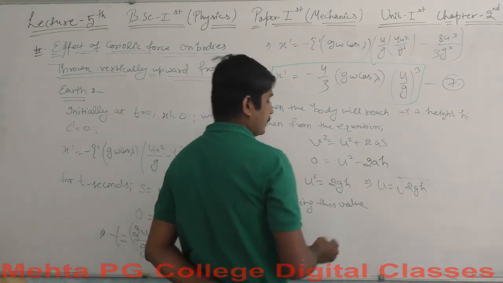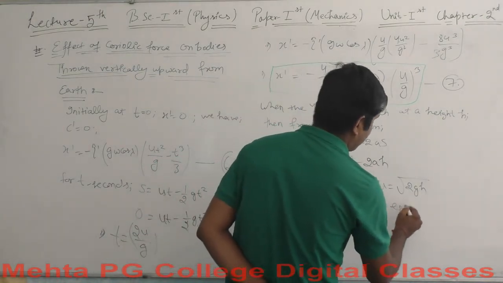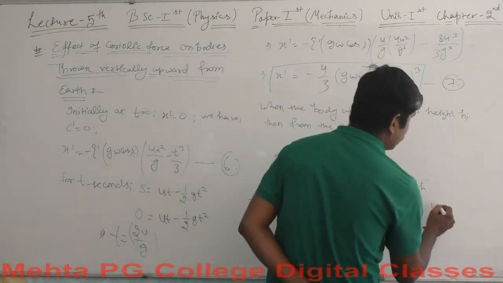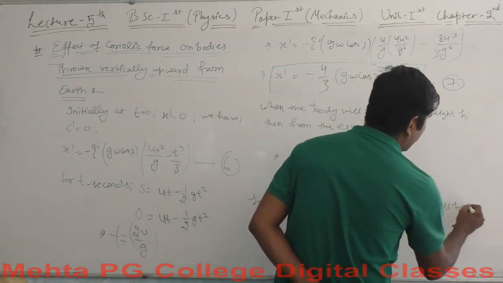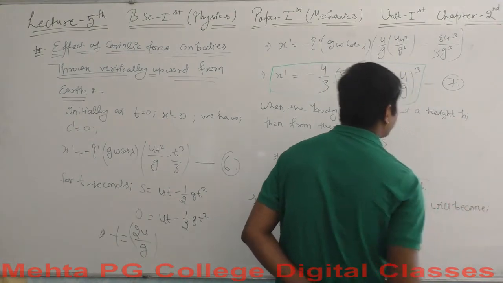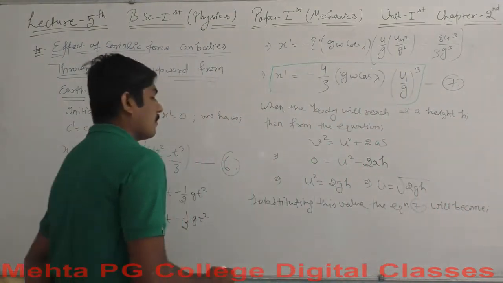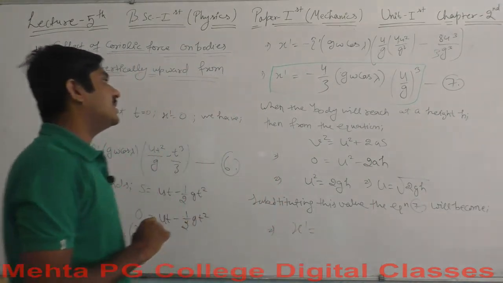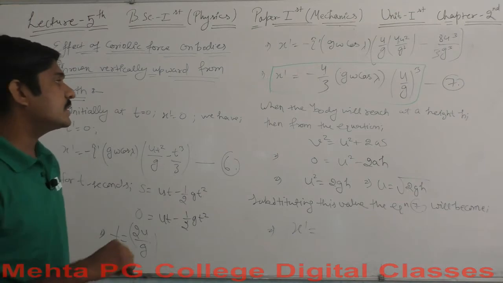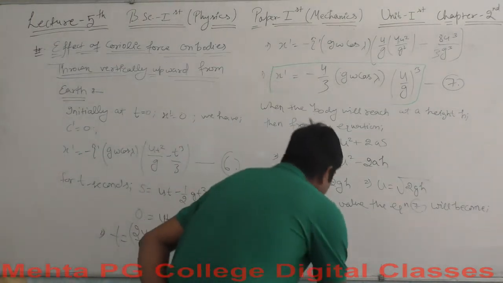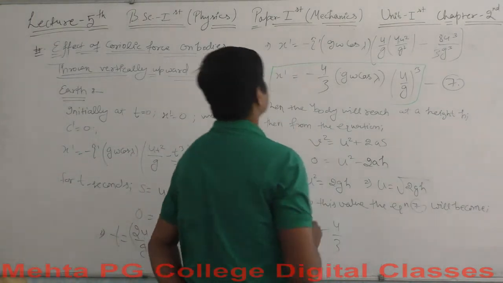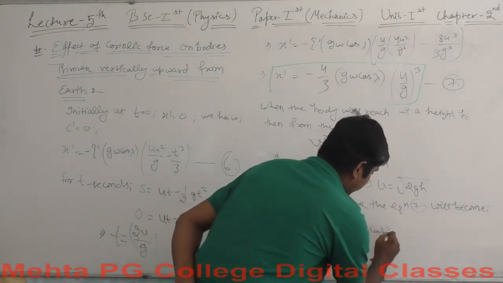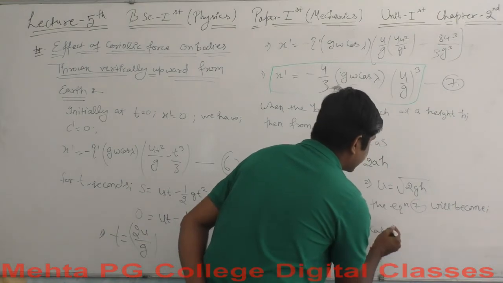substituting this value, the equation 7 will become, so there is the x dash, so x dash will be equal to minus 4 by 3 g omega cos of lambda, that will remain the same here.